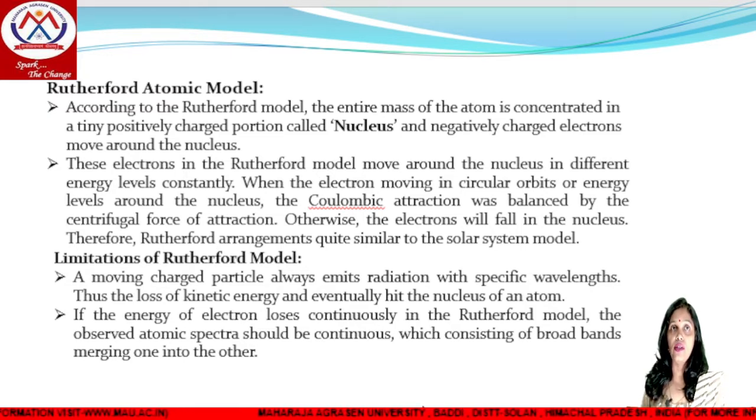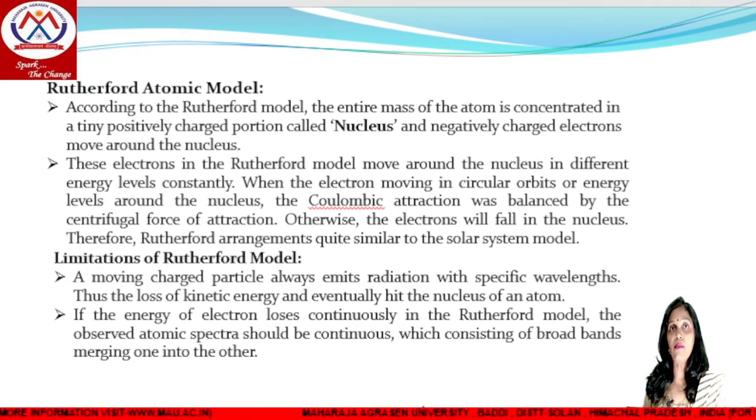These electrons move around the nucleus in different energy levels constantly. When electrons move in circular orbits or energy levels around the nucleus, the Coulombic attraction is balanced by the centrifugal force. Otherwise, the electrons would fall into the nucleus. Therefore, Rutherford's arrangement was quite similar to the solar system model.